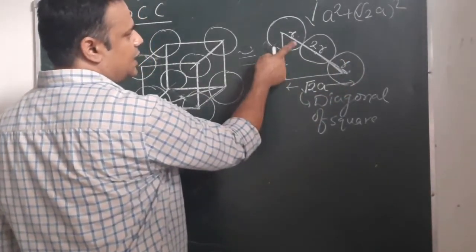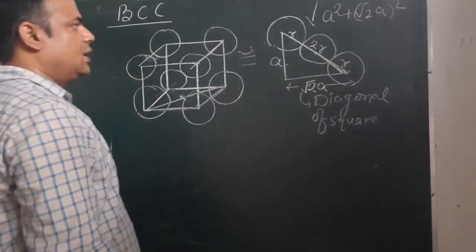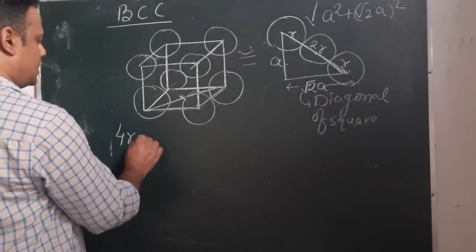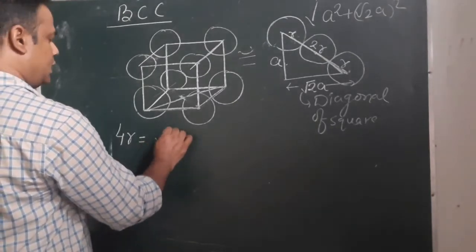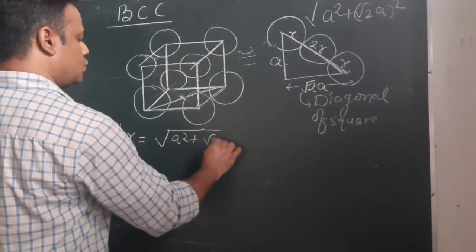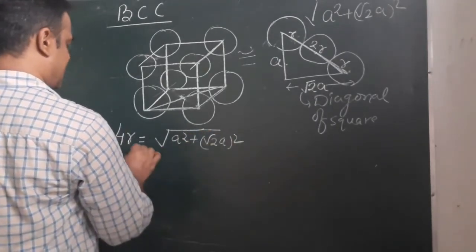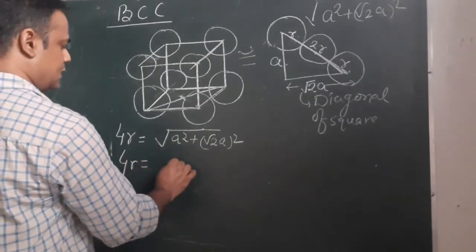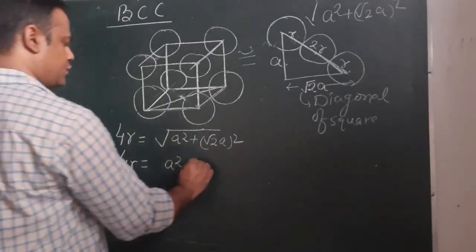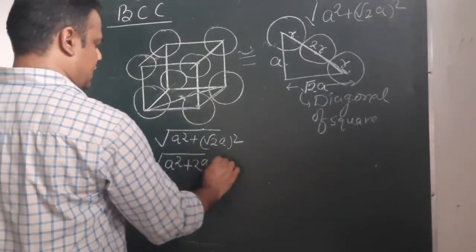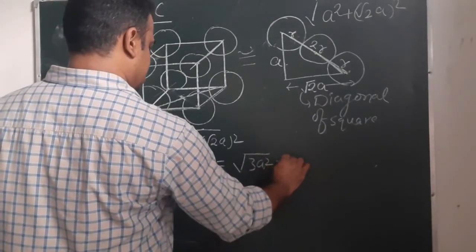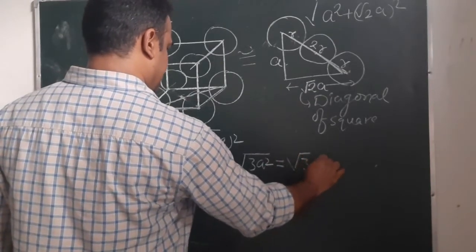So the total is r plus 2r plus r, 4r, and this 4r is equal to under root of a square plus (root 2 a) square. The square of root 2 will be 2, so 2a square under root, and this will be equal to under root 3a square, which is equal to root 3 a.